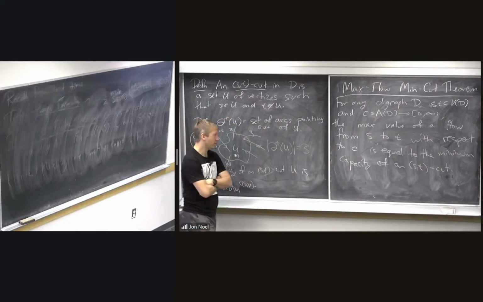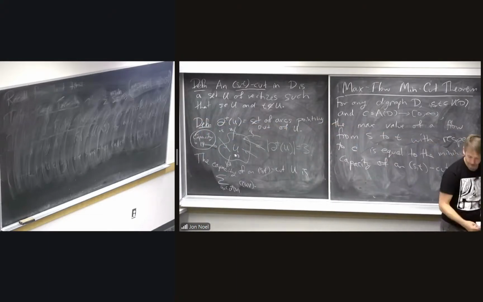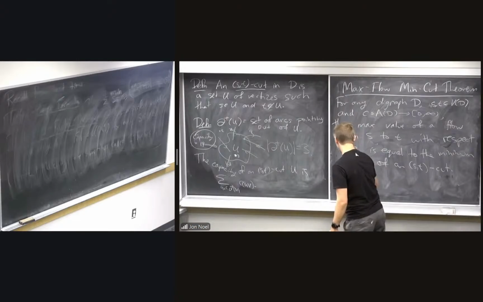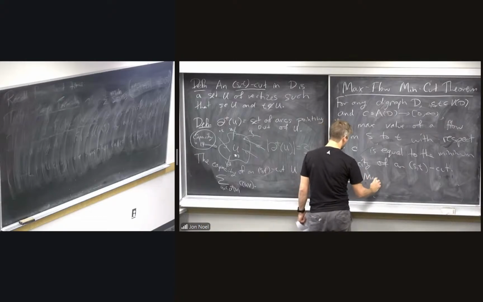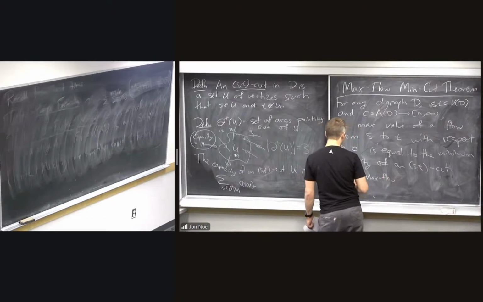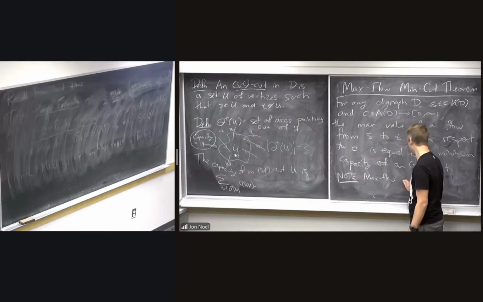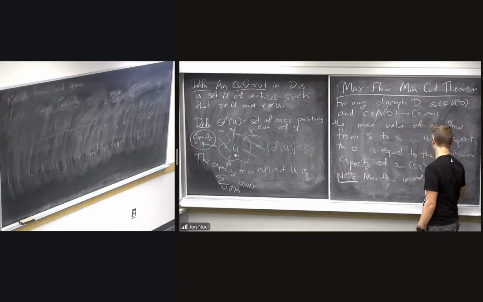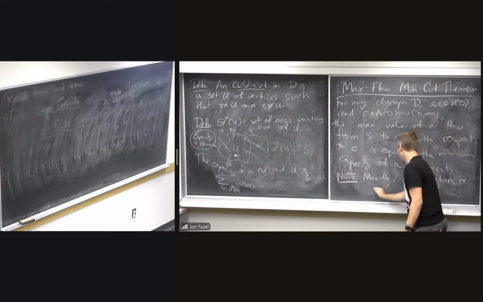Maybe one thing to note here is that the max flow problem really naturally reduces to a linear program. You just take the value of the flow on every arc and make that a variable.